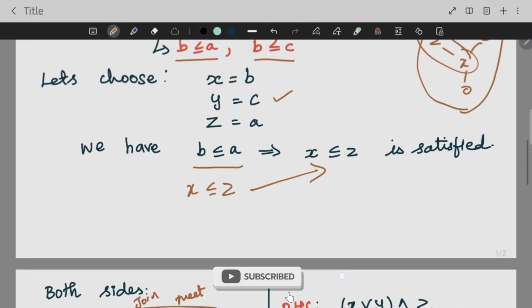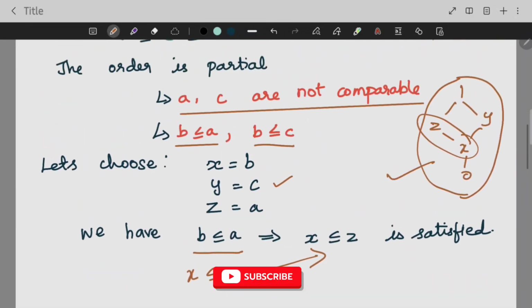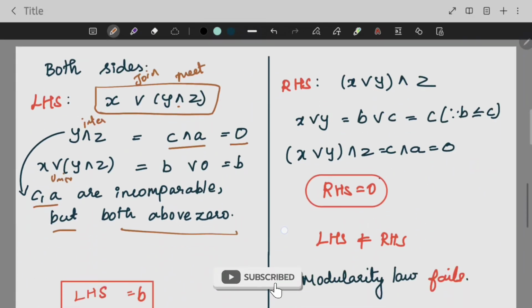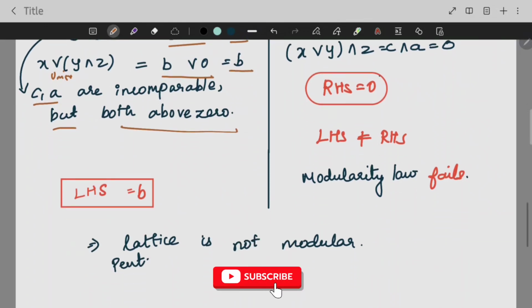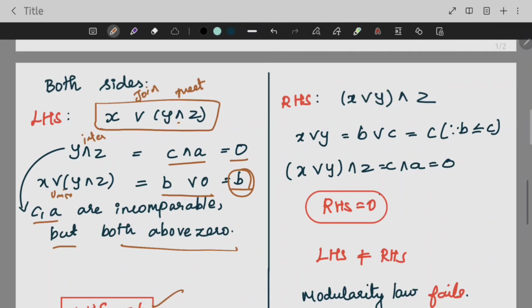Refer to the structure given here. Now X union Y intersection Z is equal to B union 0, which is equal to B.